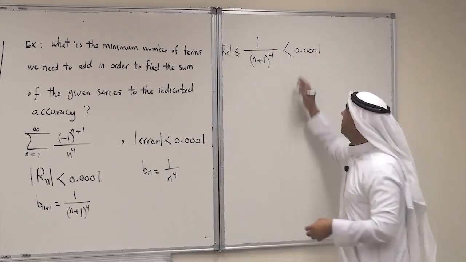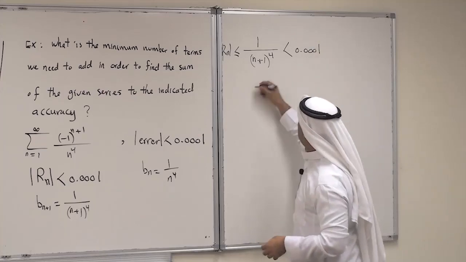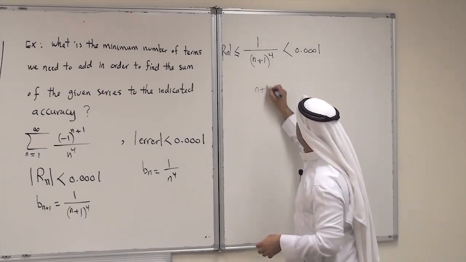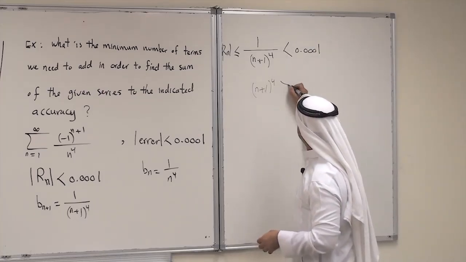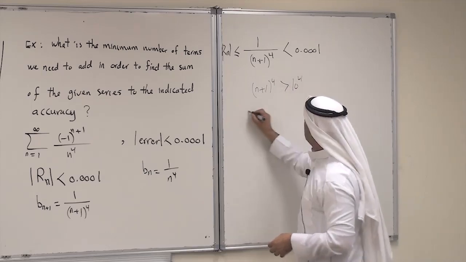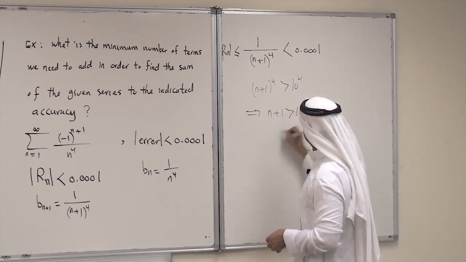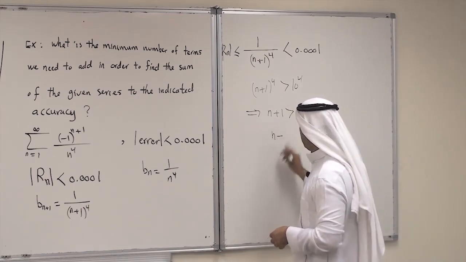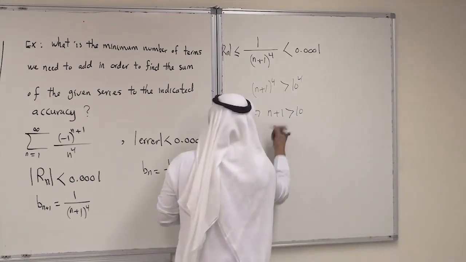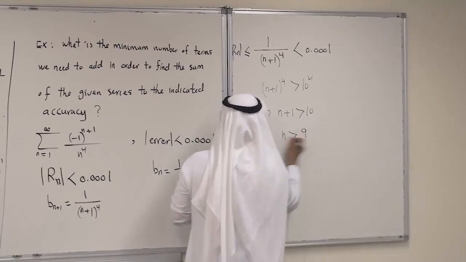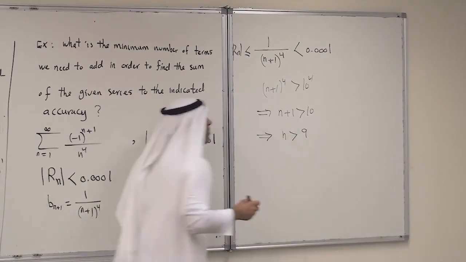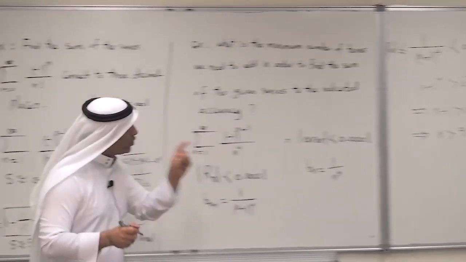How to solve this one? This is 1 over 10,000. When you take the reciprocal, n plus 1 to the power 4 is greater than 10 to the power 4. This implies n plus 1 must be greater than 10. So n must be greater than 9. So you need the number of terms to be greater than 9.